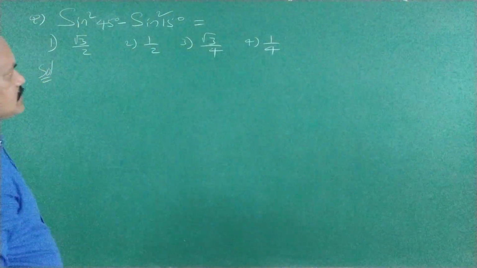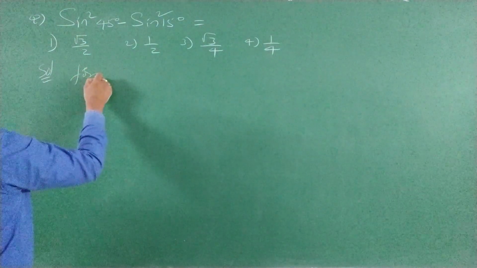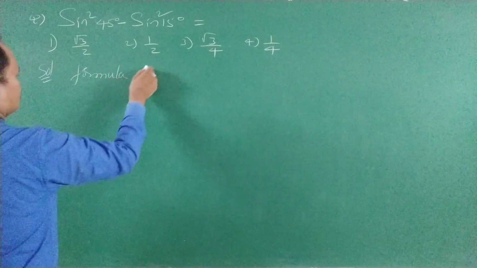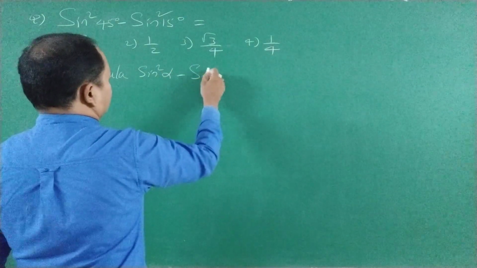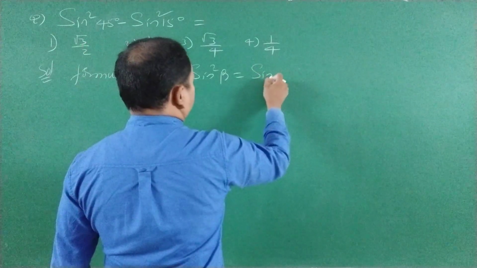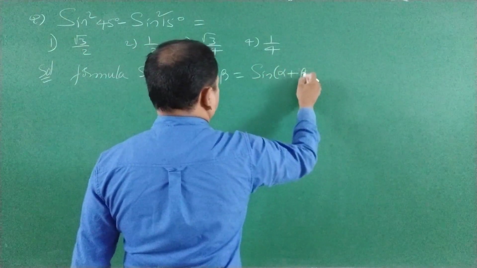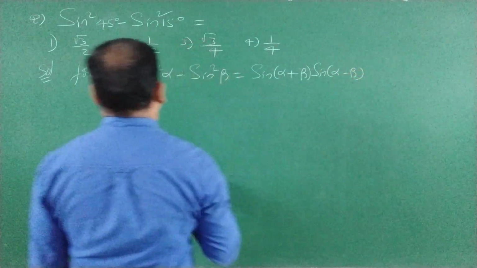So we know the formula. What is the formula? Sine square alpha minus sine square beta is equal to sine alpha plus beta into sine alpha minus beta.